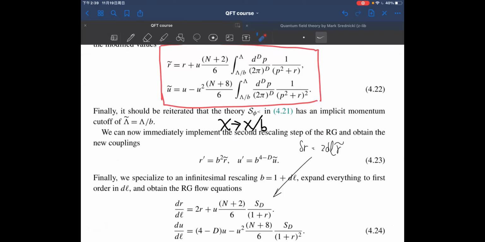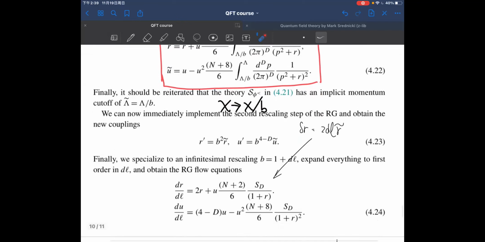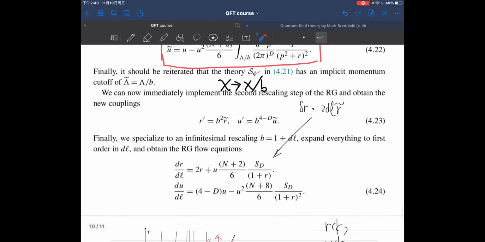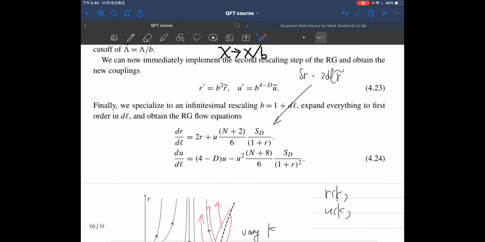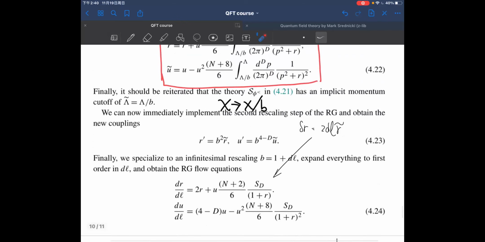Why do we need to do the rescaling step? It's just a transformation. Then you get this one. Then you do this to put the energy cutoff back to lambda again.